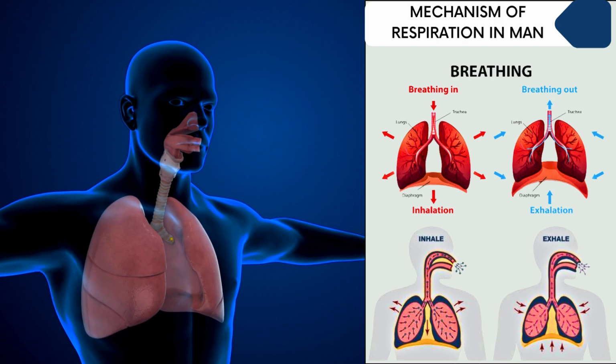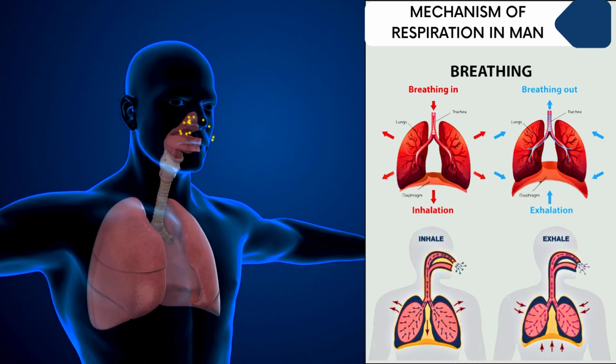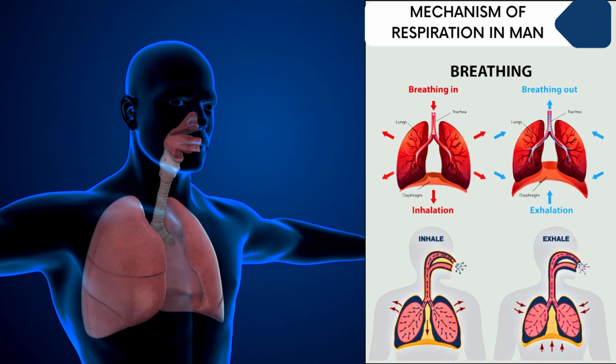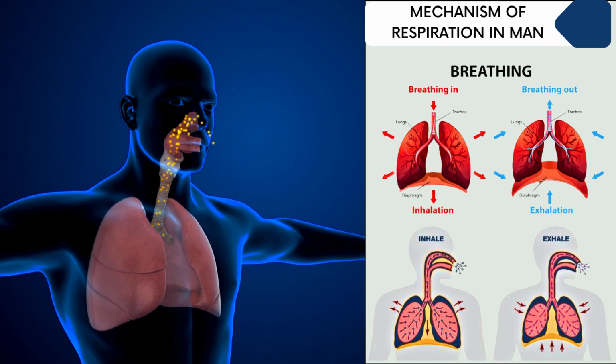The intercostal muscles contract while the sternum is moved upward. The ribs are moved upward and outward by the pressure of the air. Then there is an increase in the volume and a fall in the pressure of the thoracic cavity.